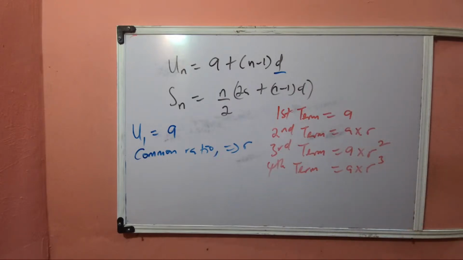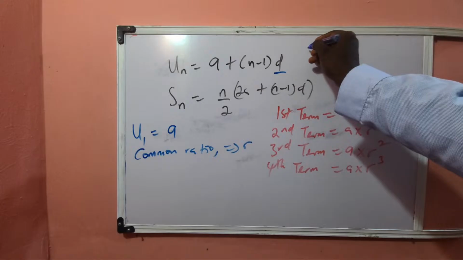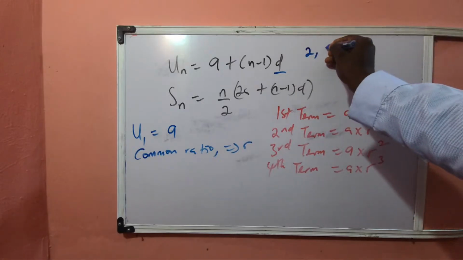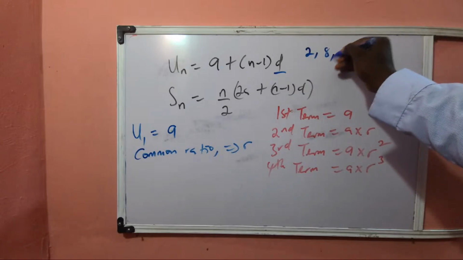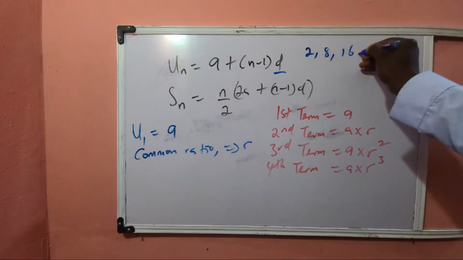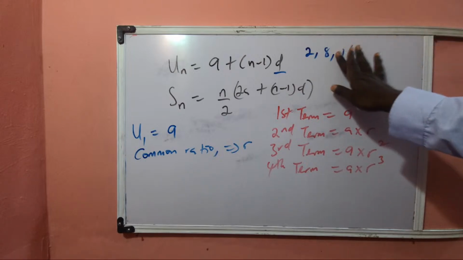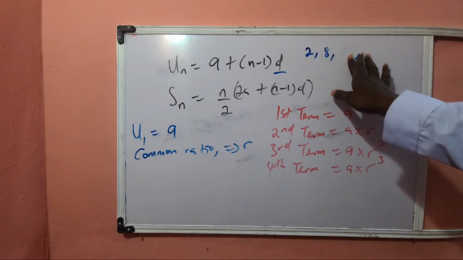Now, let me show you quickly the understanding of this whole thing we wrote here. Let's take, for instance, a GP of this form: 2, 8, 32.